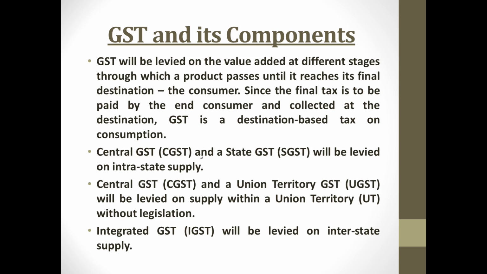So suppose you have a 20% tax rate on a product, and you are selling it from Uttar Pradesh to Bihar, then the tax will be charged at the whole 20%. The name of the tax will be IGST, that is integrated GST. It will be collected by the central government, and later on the portion of the state government will be given to them. So this is how GST works across the nation.